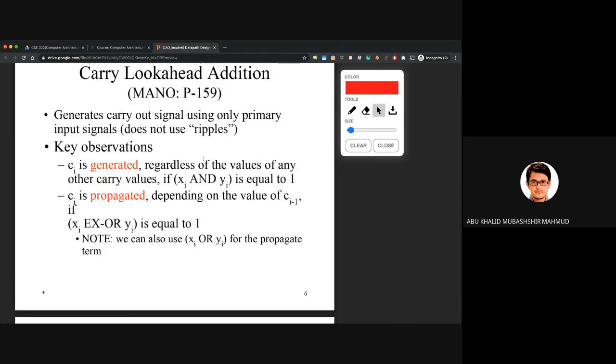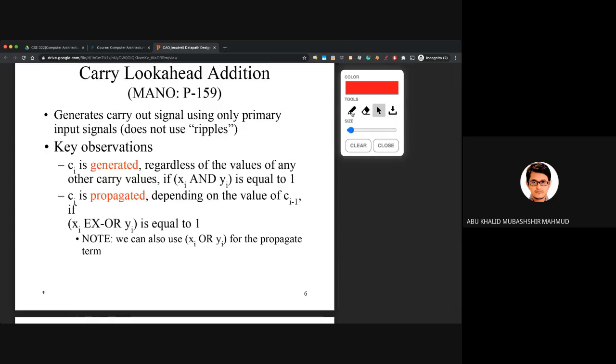In carry look ahead addition, when we are sure that certain bits will generate a carry, we express it already in the carry. Carry is generated regardless of the values of other carry values.